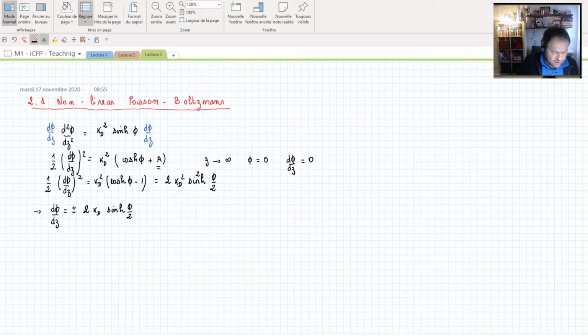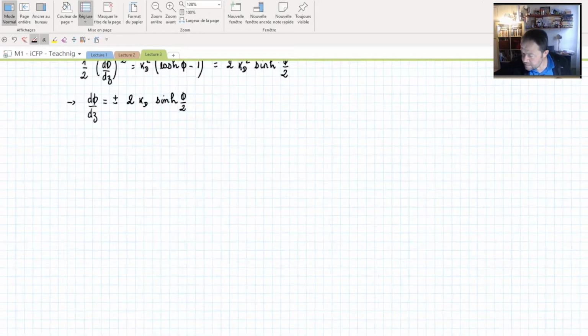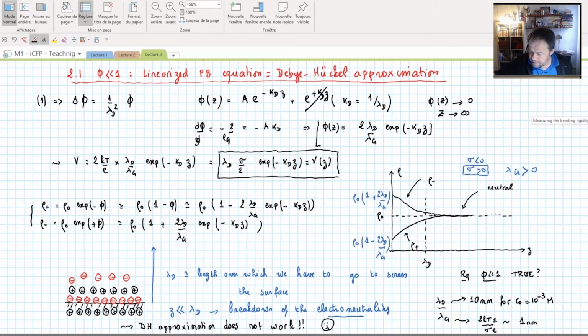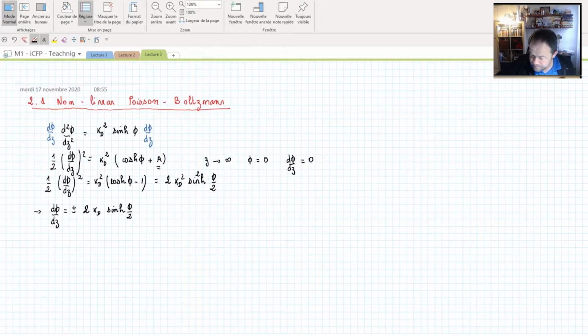Yes, given by the boundary condition. So we said that it was here d phi over dz, which was negative. So it is a minus sign.